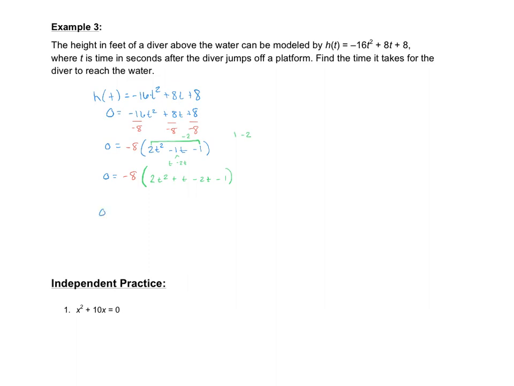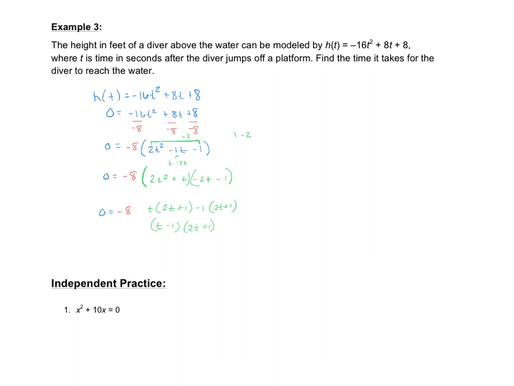Remember, I'm kind of ignoring the GCF for a little bit here. I have to worry about factor by grouping right now because I have 4 terms. So I'm going to be taking out a t, and I have 2t plus 1. Then I'm going to take out a negative 1 so that I have 2t plus 1. There's my GCFs and my twins.